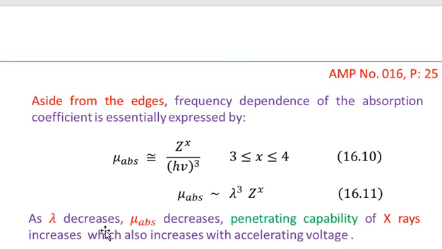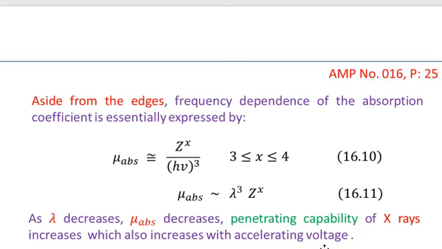As lambda decreases, mu absorption also decreases. The penetrating capability of X-rays increases with accelerating voltage.